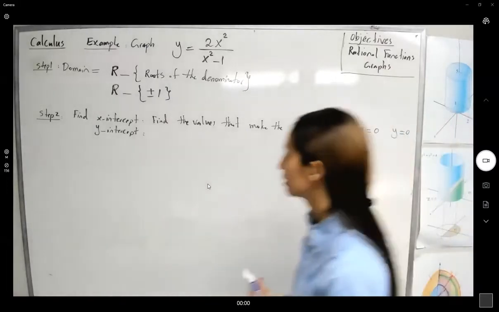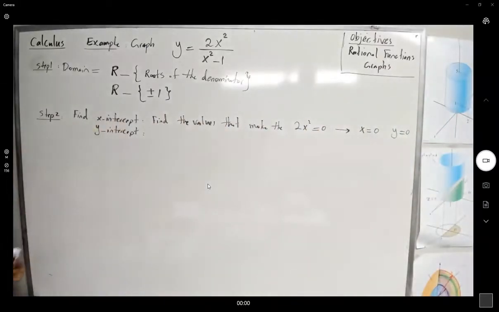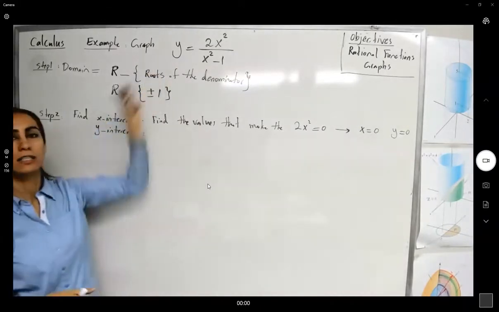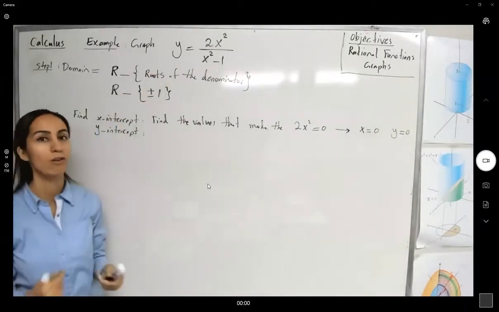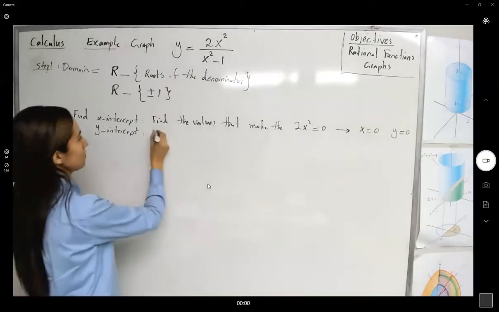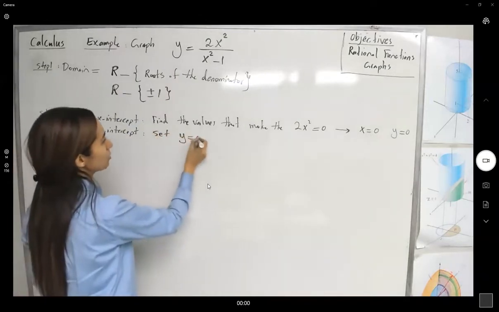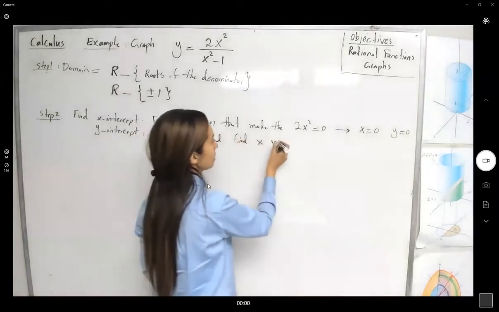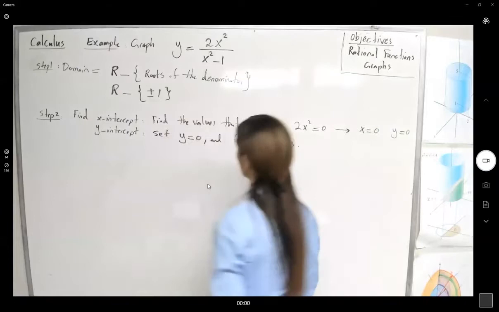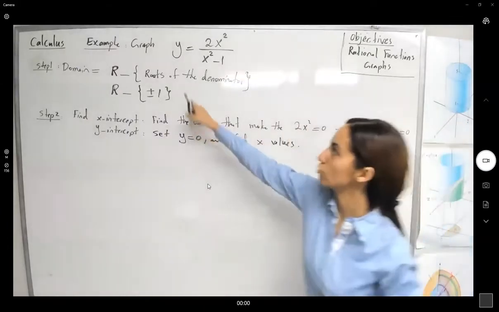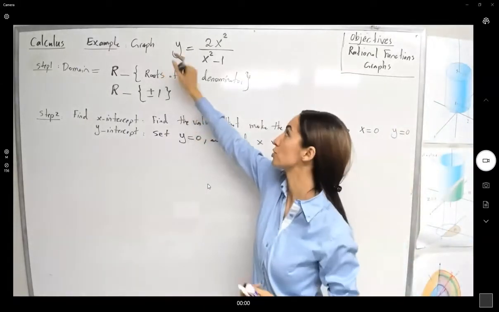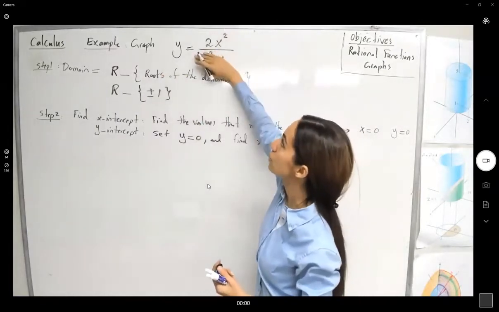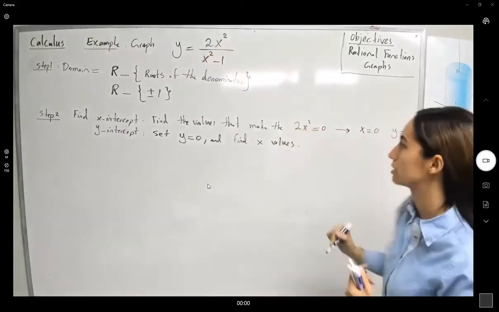the x-axis. What about the y-intercept? To find the y-intercept, we set x equal to 0 and solve for y. Well, when y is equal to 0, your left-hand side is equal to 0, you have a fraction on the right-hand side. Your fraction is 0 if and only if the numerator is 0.